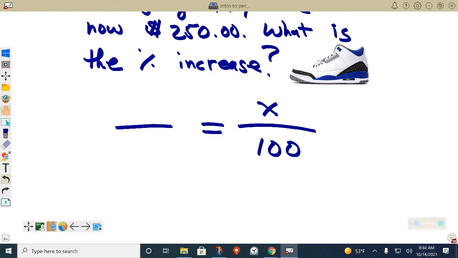Whenever you're dealing with a percent increase, decrease situation, we're still gonna use the same formula, but with a slight adjustment. We're gonna put the original amount here.